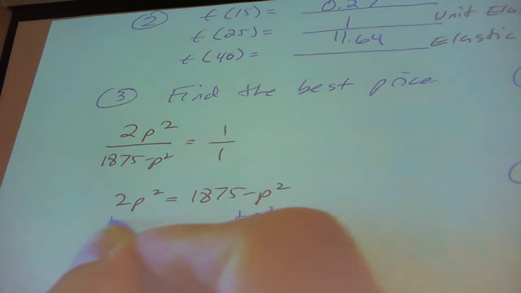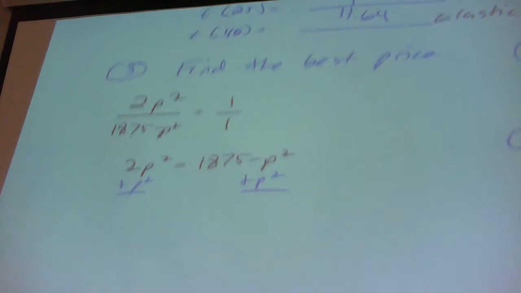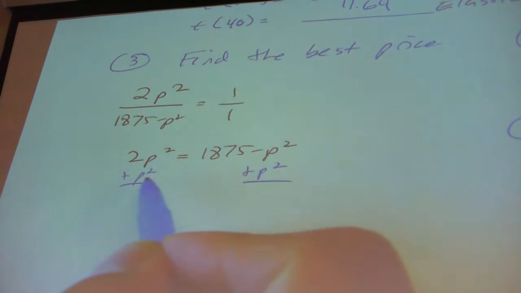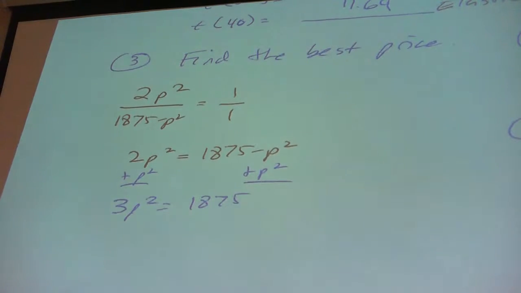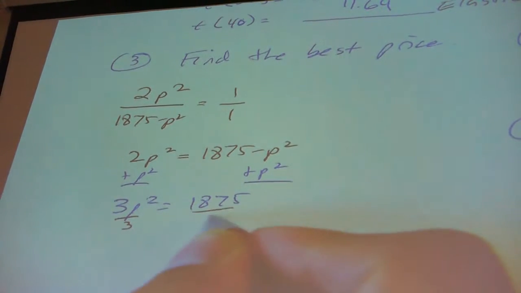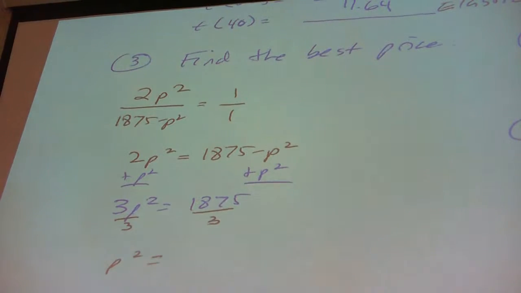Add p squared, add p squared. Some of us are struggling with the algebra. 2p squared plus 1p squared is 3p squared equals 1875. Divide by 3, p squared equals 1875 divided by 3, which is 625.